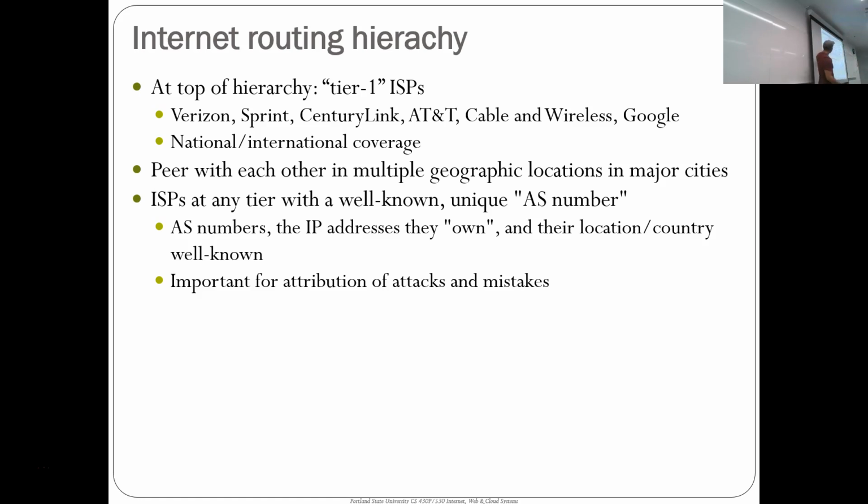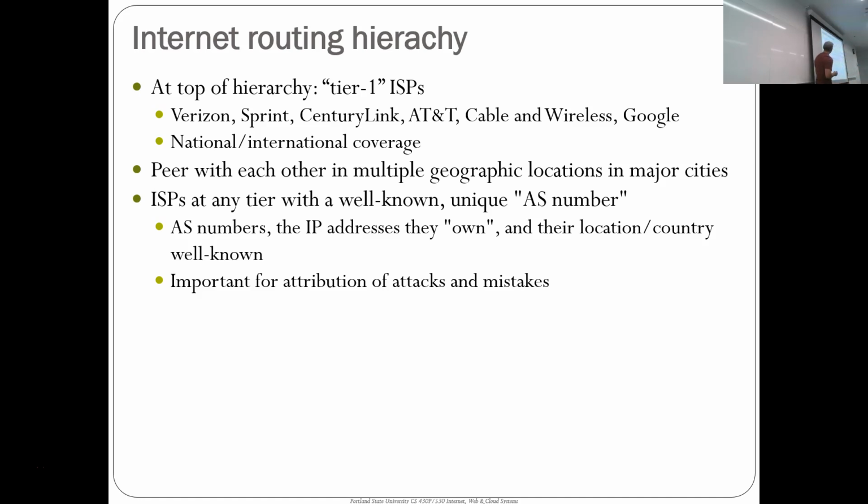And then in order to route from a Verizon customer to a CenturyLink customer, at different major metropolitan cities, they will, what's known as, peer with each other. So if there's a Verizon customer talking to a CenturyLink customer in Portland, then there will be a peering point where Verizon will hand off that packet to CenturyLink. Okay.